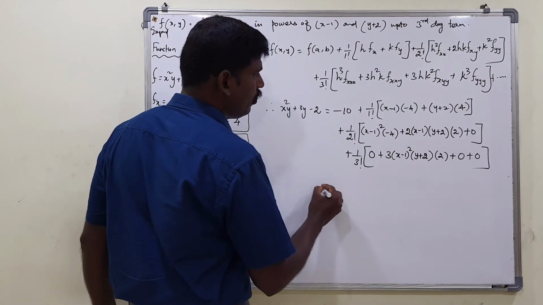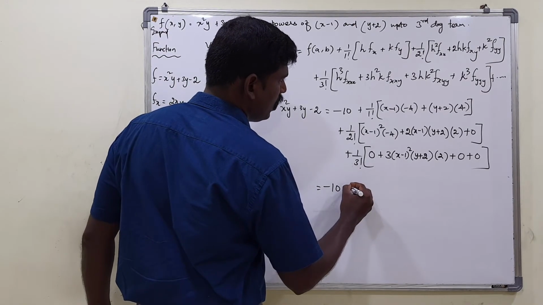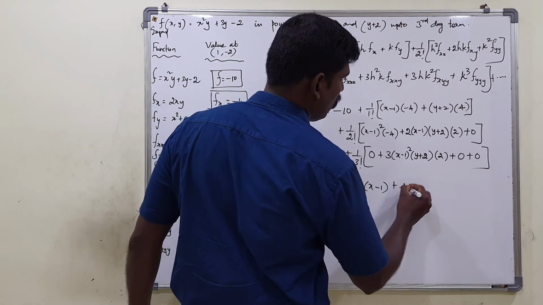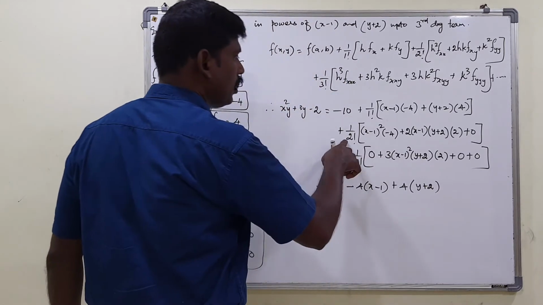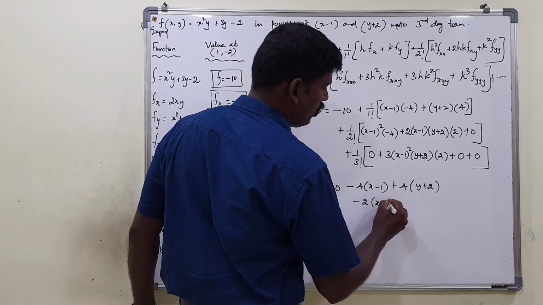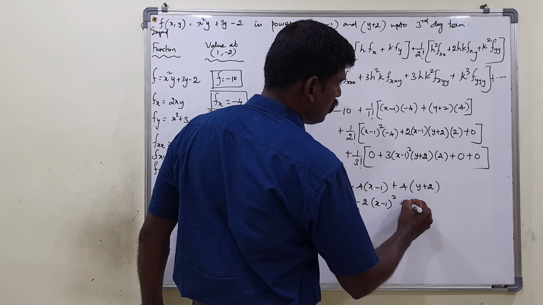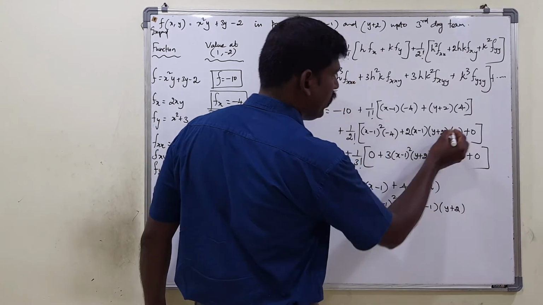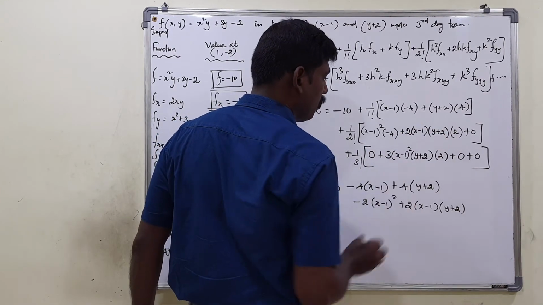So simplify it and you can get the answer. Plus minus 10 minus 4 into x minus 1 plus 4 into y plus 2, and then multiply that 2 inside the bracket. So minus 2 into x minus 1 the whole square plus 2 into x minus 1 into y plus 2. We can cancel 1 by 2 with that 2. So this 2 is remaining, 2 into x minus 1 into y plus 2.